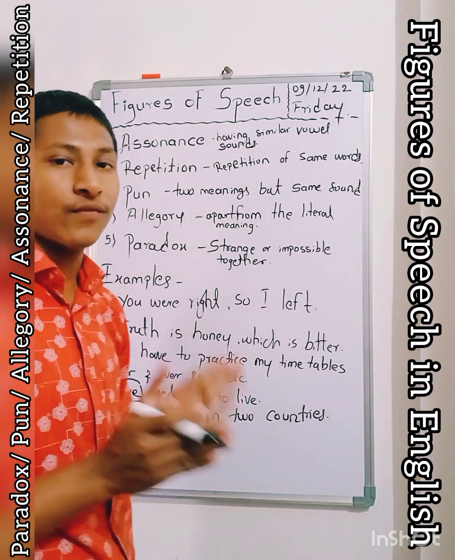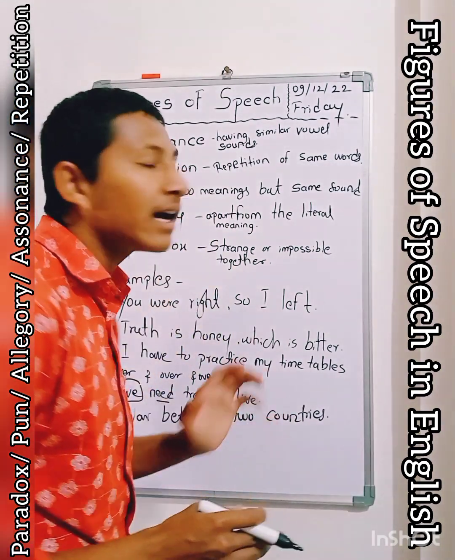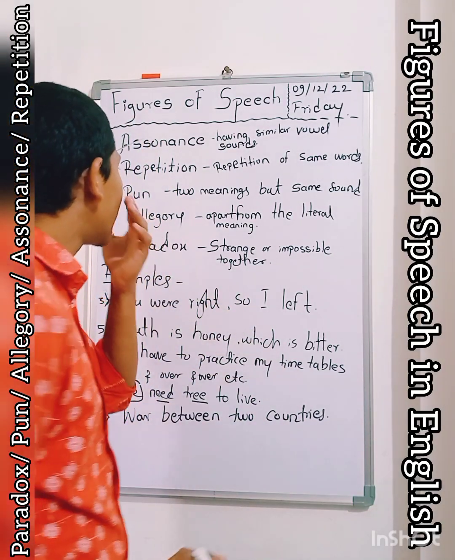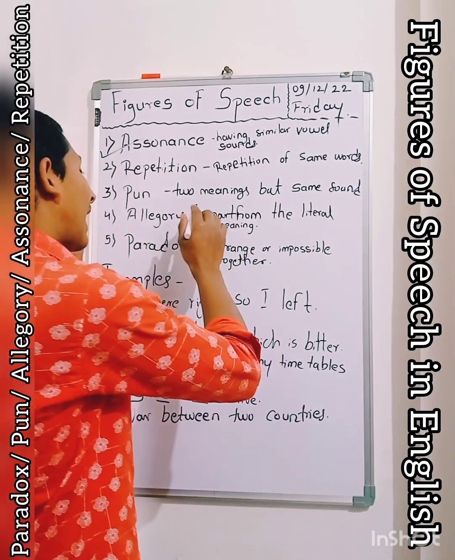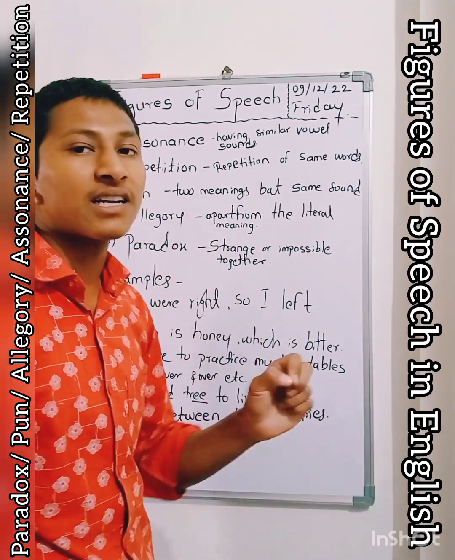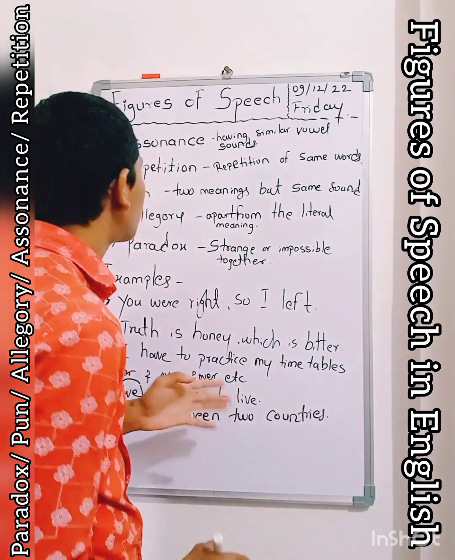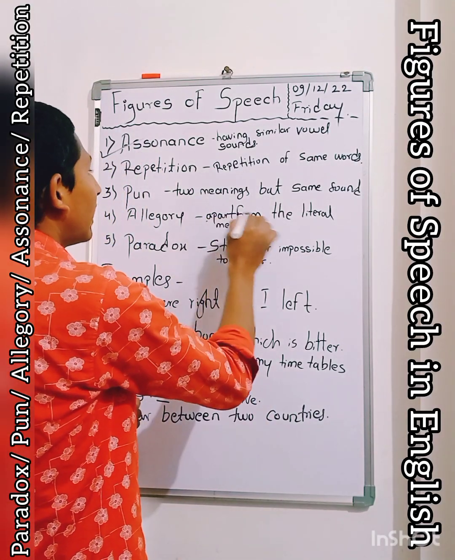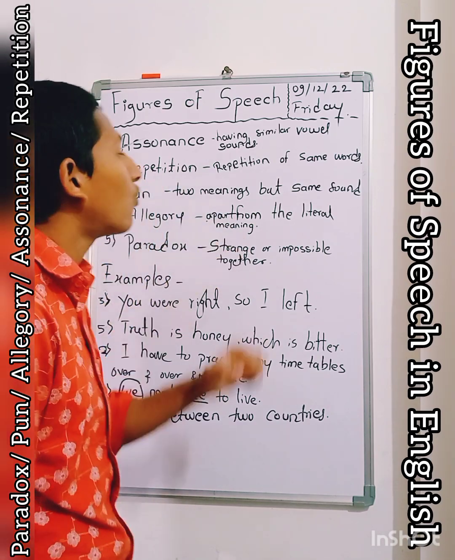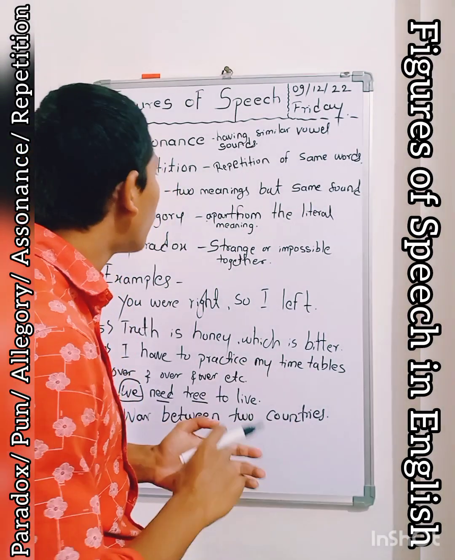You should not be confused between repetition and alliteration. We have already discussed alliteration in our previous videos. Alliteration is the repetition of the same letters or sounds, single letters, while repetition is the repetition of whole words.